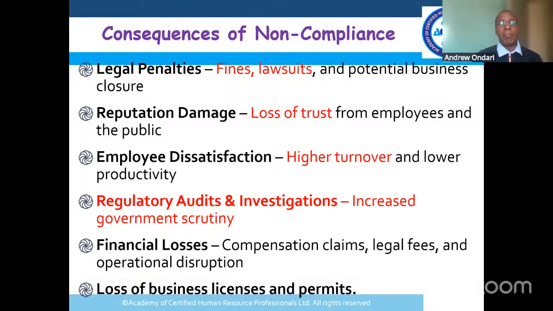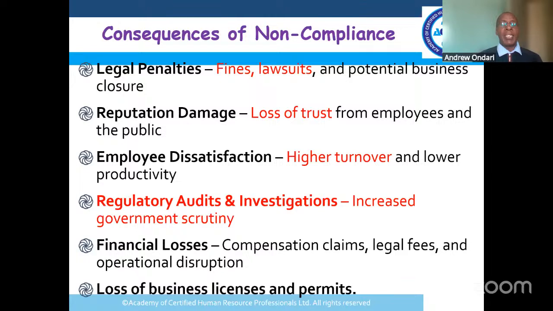I'll go over them fairly quickly because we have mentioned some of them. One is fines as one of the penalties, and the fines can go into thousands, if not millions of shillings. Why are fines a negative consequence? Because it is costly. The money that we pay in the form of fines is very high.